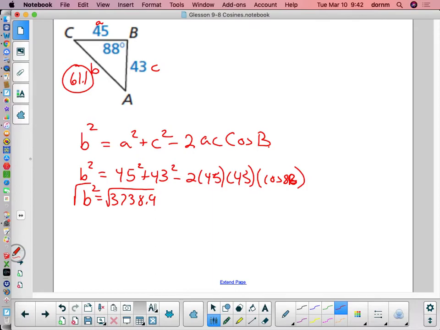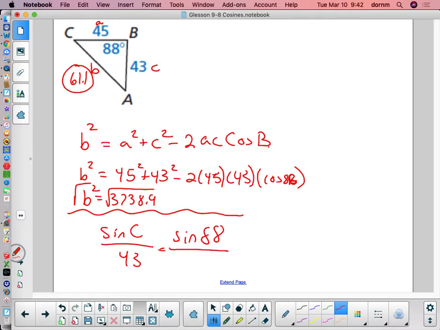We want that. Okay. Now I want to find one of my other 2 angles, A or C. Any preference? C. Okay. So sine of C over side C, which is across from that, that's 43, equals the sine of the angle we know, 88, over the side opposite that, which we now know is 61.1.